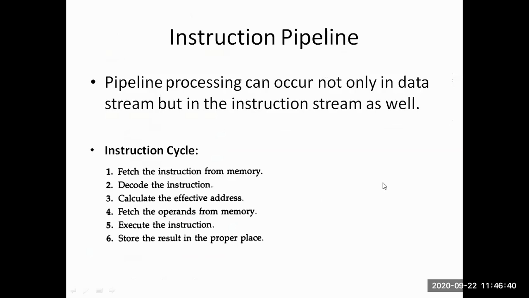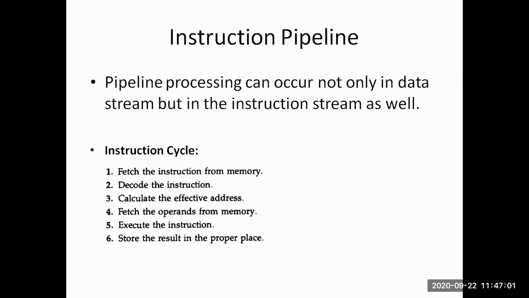There is another type of pipe, which we use for instructions. We don't use pipeline processing only for the data stream, we also use it for the instruction stream. We know a processor processes data, it performs addition, subtraction, multiplication.